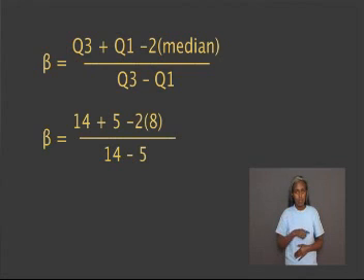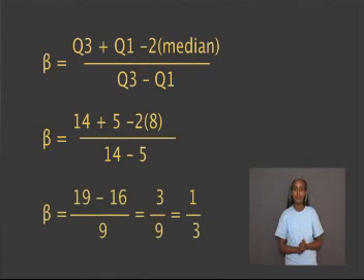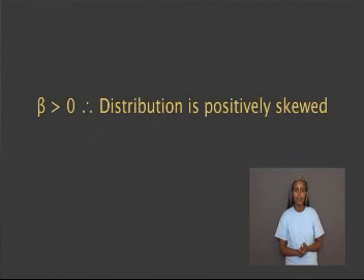We get beta equals 14 plus 5 minus the product of 2 and 8 divided by 14 minus 5. This gives us 19 minus 16 over 9, which is 1 over 3. Therefore, the distribution is positively skewed.